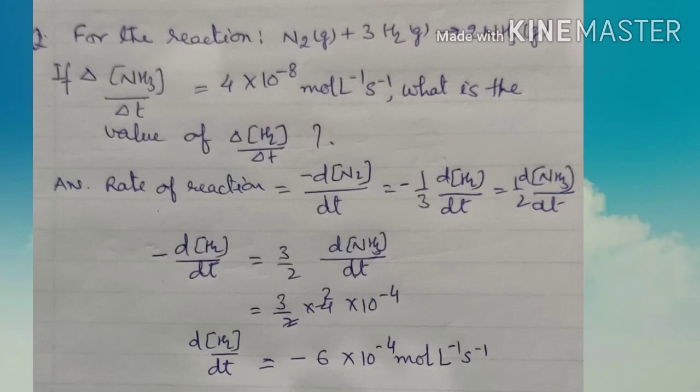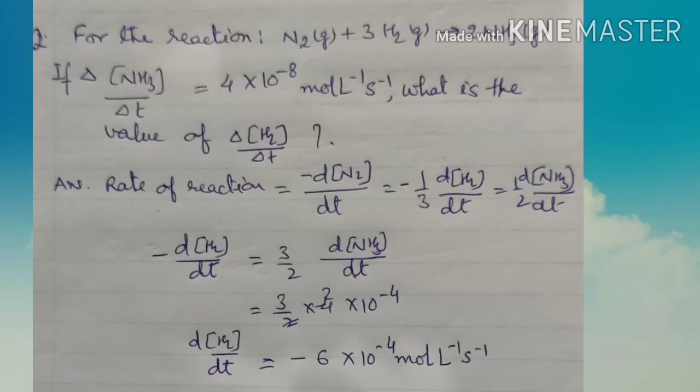Now for the hydrogen, -dH2/dt is equal to 3/2 × dNH3/dt, that is the rate of formation of ammonia. Then it is equal to 3/2 × 4 × 10^-4. So the rate of disappearance of hydrogen will be equal to -6 × 10^-4, because this is a reactant, and that's why the rate of disappearance of hydrogen will be negative. So your answer will be -6 × 10^-4.